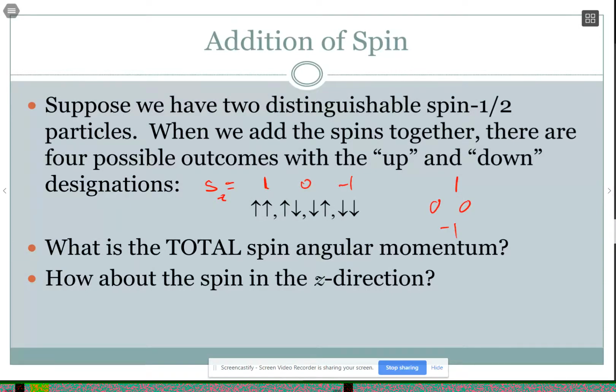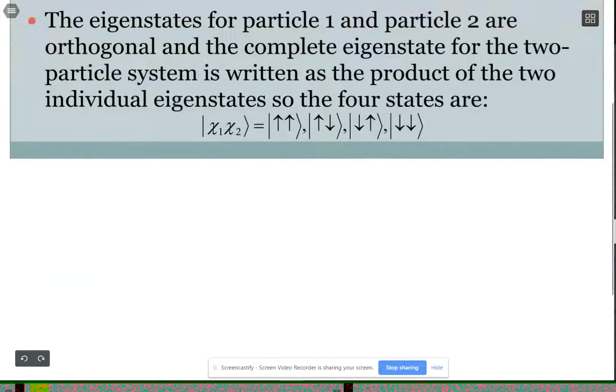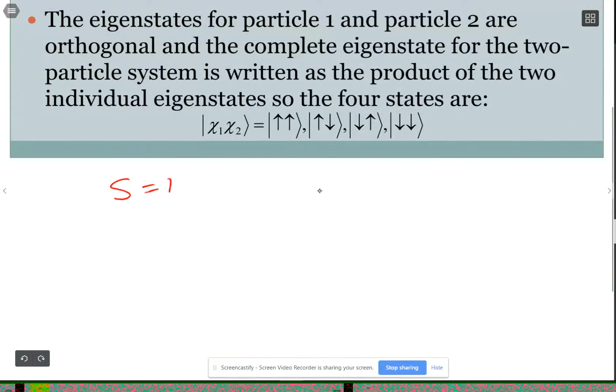The total spin, since they're 1/2, there's no negative 1/2 for the total spin, because you're talking magnitude. And so the total spin can only be S equals 1 or 0. Now, let's talk about S equals 1 and S equals 0. What M sub S values can I have if S is equal to 1 and if S is equal to 0?